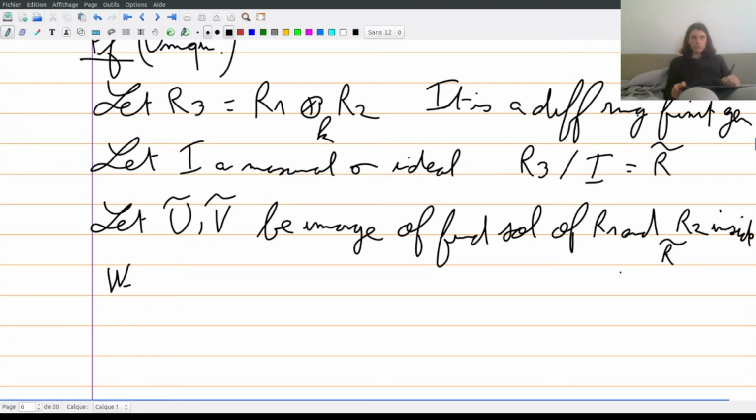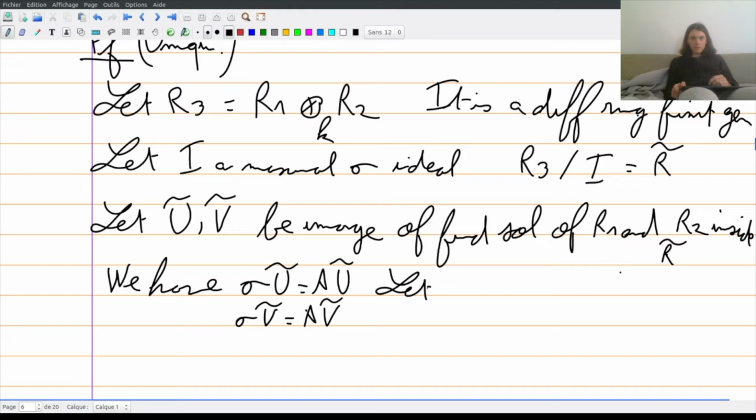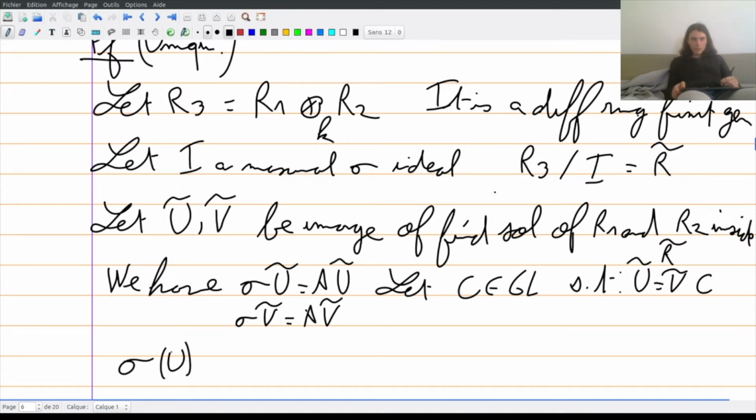So in particular, we have sigma of U tilde equals A times U tilde, sigma of V tilde equals A times V tilde, and let's see, there is a matrix C having coefficients in something, and we'll see what the something is, such that U tilde equals V tilde times C. So I will apply sigma on both sides.